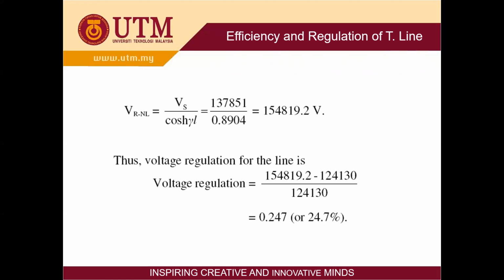As you can see here, the voltage regulation is not good, around 24.7%. So the long line transmission has a very bad voltage regulation compared to the medium and also short line transmission.